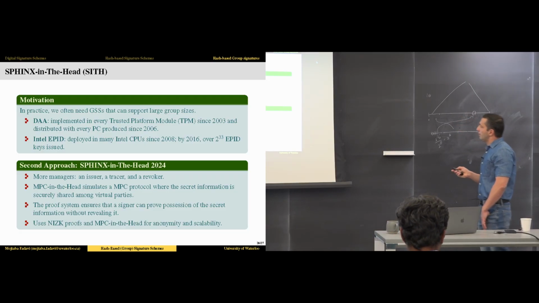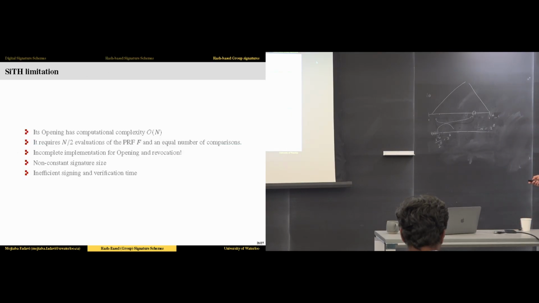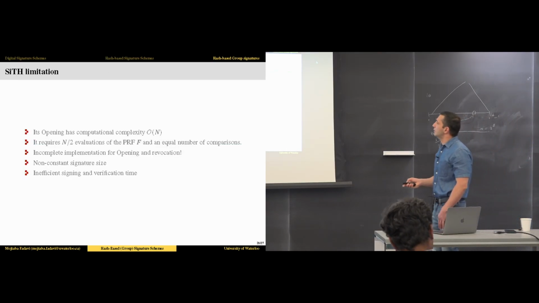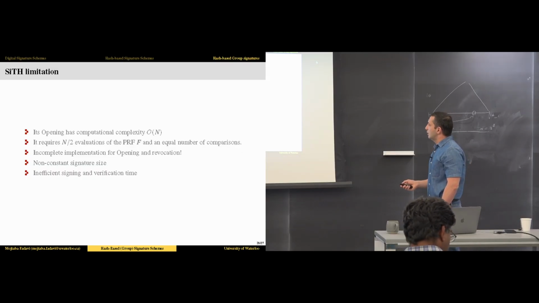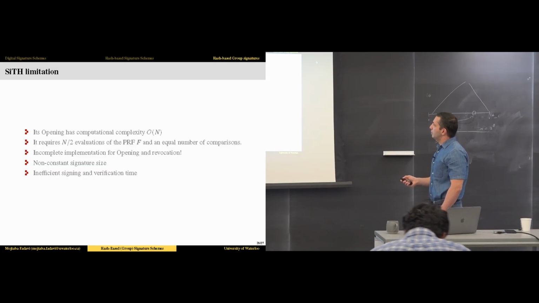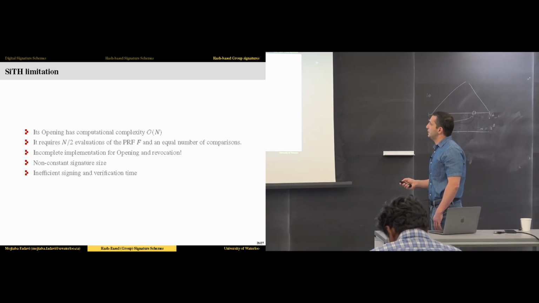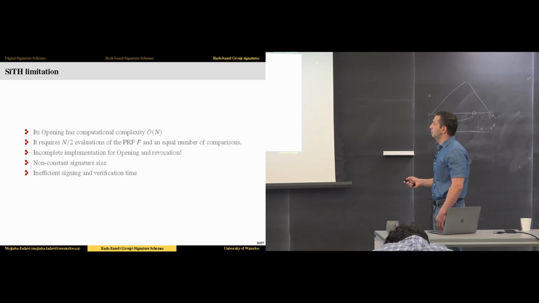But my main problem with this scheme is that, despite their claim of supporting 2 to the power 60 users, their opening algorithm is amazingly inefficient. To open a signature, their complexity is of the order of the number of users.